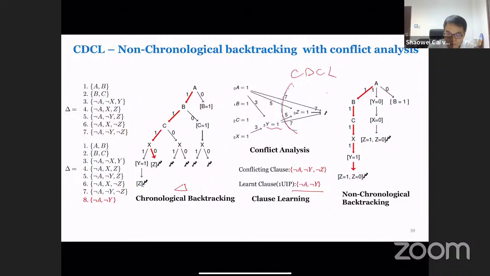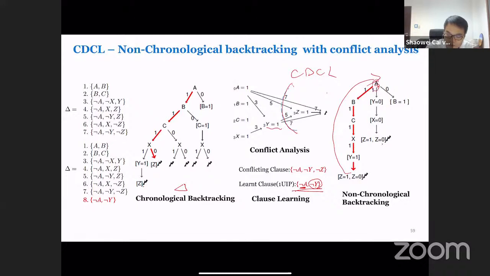Now we need to backtrack, because this Y is at the current level, so we backtrack to the level of A. After learning the clause, we directly backtrack to the first level, A. Here, together with the new clause, we do unit propagation and it leads to a conflict.